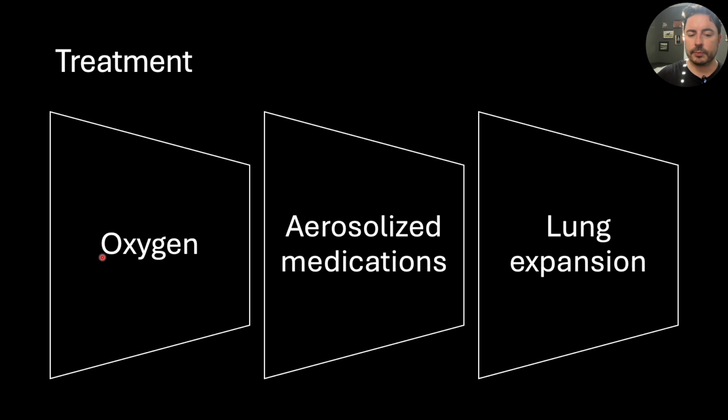When we have the patients that have the bronchospasms and they have the wheezing, get your aerosolized medications. Utilize your albuterol to take care of that patient for the signs and the symptoms that they are having. And then the last thing we want to do is lung expansion to make sure that we are not having any sort of atelectasis.